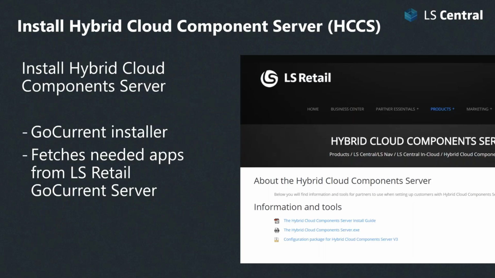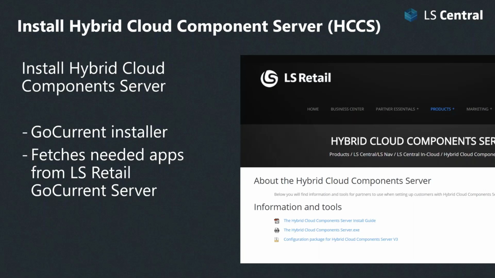Hybrid Cloud Component Server, which we're going to abbreviate HCCS going forward in this presentation, will be available on the portal for download. There you can find a very detailed install guide. We put a lot of work into that to make this as smooth, easy, simple, and standardized as we can.